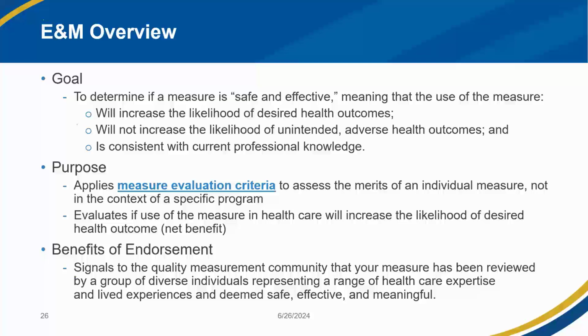The E&M process applies measure evaluation criteria to assess the merits of an individual measure, not in the context of a specific CMS program. One of the key benefits of measure endorsement is that it signals to the quality measurement community that your measure has been deemed safe, effective, and meaningful after being reviewed by a diverse group of individuals.